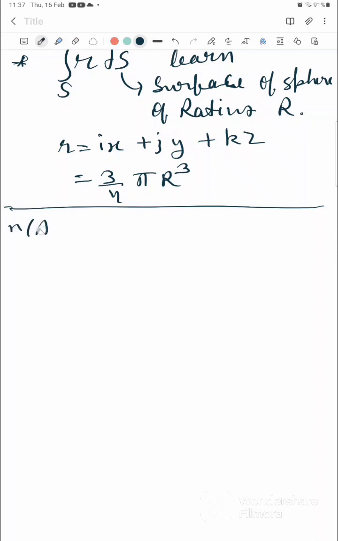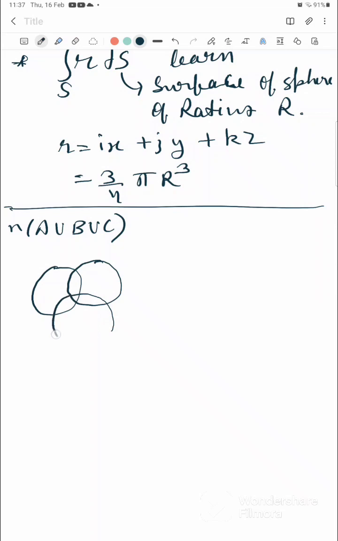We know that A union B union C, this is region 1, 2, 3.